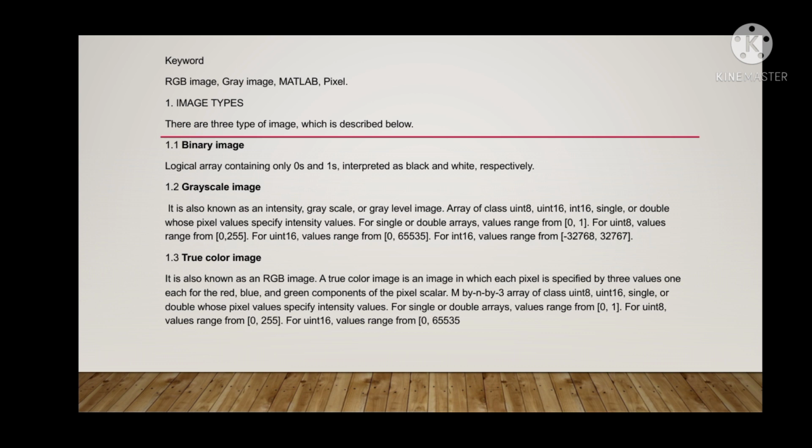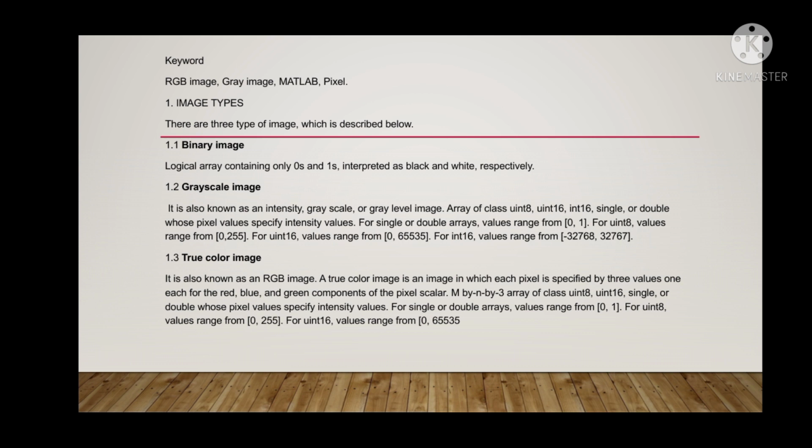And third, the true color image, also known as an RGB image. A true color image is an image in which each pixel is specified by three values, one each for the red, blue, and green components of the pixel's color.